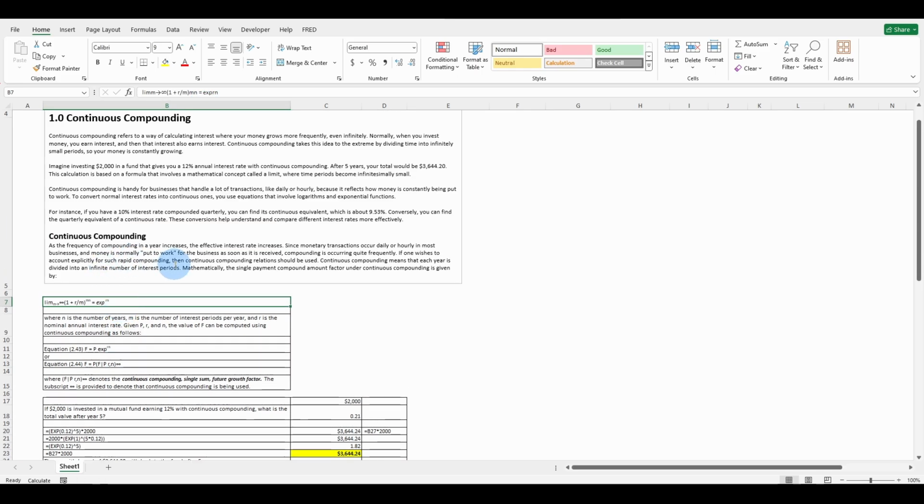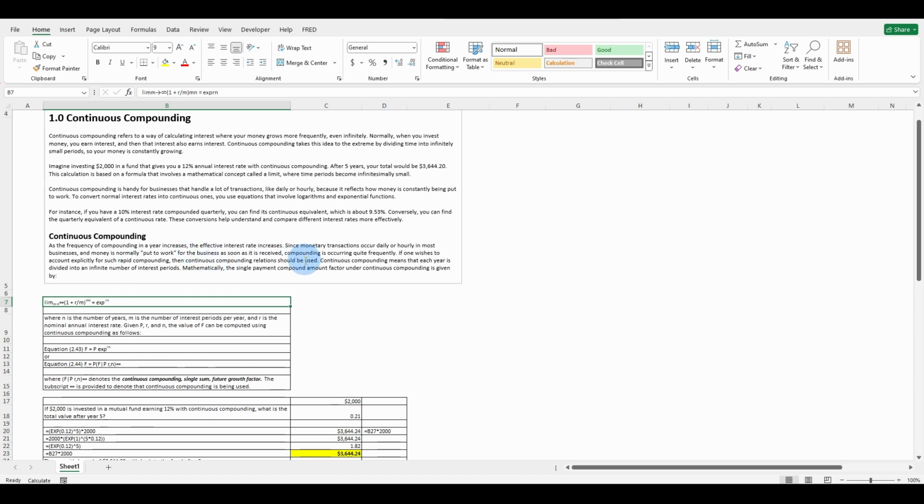As the frequency of compounding in a year increases, the effective interest rate increases. Since monetary transactions occur daily or hourly in most businesses and money is put to work, compounding is occurring quite frequently. If one wishes to account explicitly for such rapid compounding, the continuous compounding relation should be used.